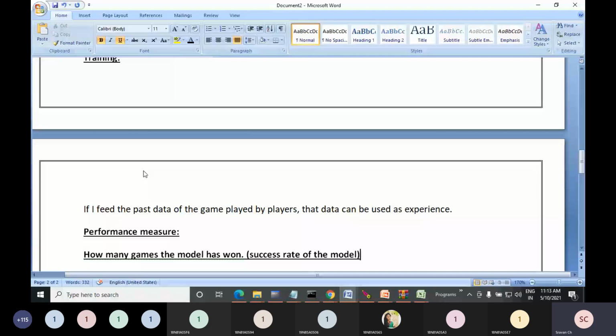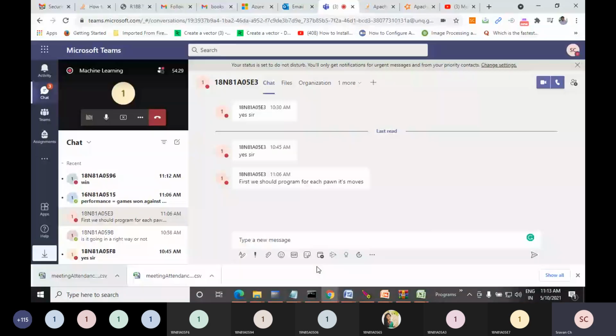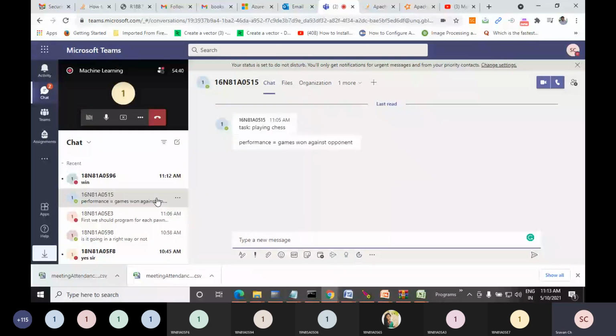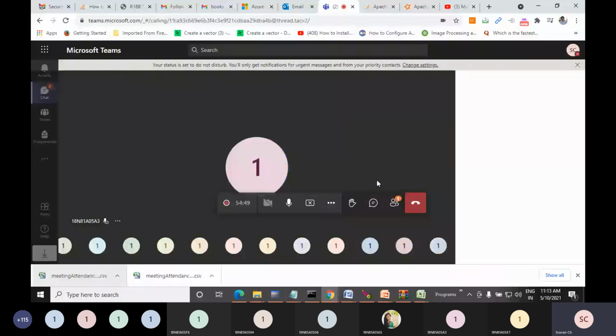Till this point, is it clear, friends? Design issues we will see in the next class, but before that, we will go back to that Excel sheet. We have to discuss one important point. But please tell me as of now, till this point, yeah, already some people told performance is percent games won against the opponent. Yeah, that's great. That's true. Success rate is the performance measure. Fine. Till this point, is it clear to everyone? Please let me know.